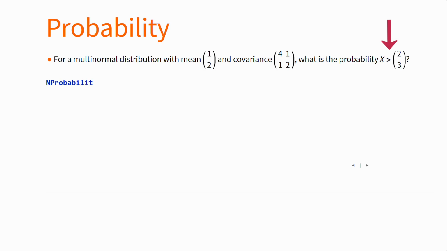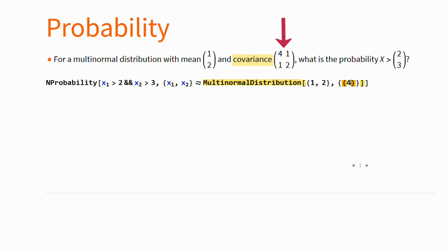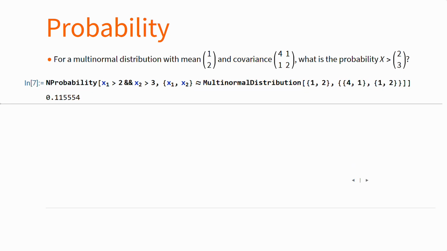So, time to apply. At this point, you should be very familiar with these problems. So I'll go a bit faster and you'll see if you follow. First, you want the probability of x greater than {2, 3} for the multinormal of mean {1, 2} and the covariance {{1, 1}, {1, 2}}. And that's about 11%.